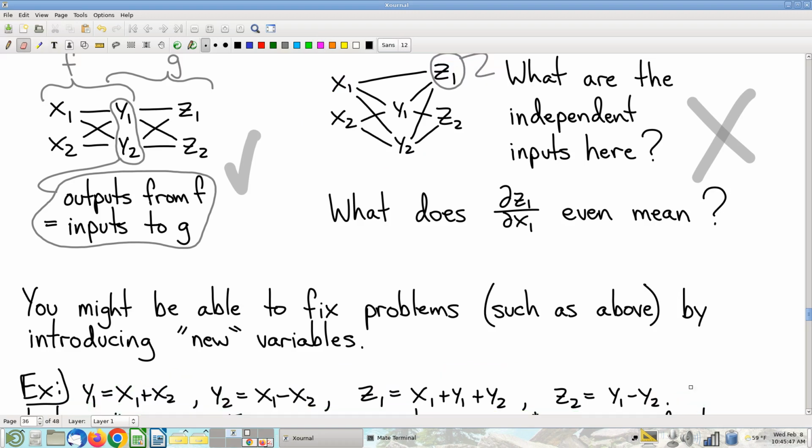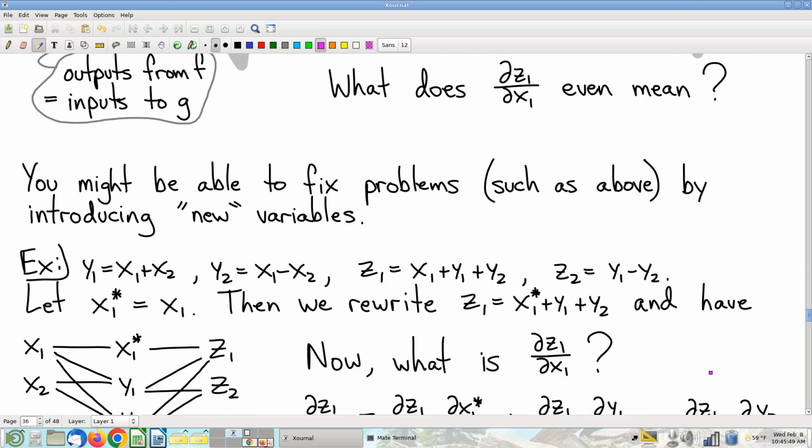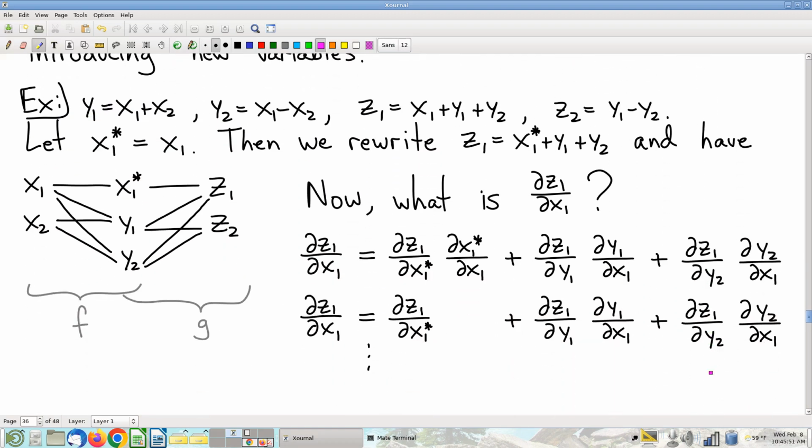So here's the way we fix it. The fix is pretty straightforward. Just recognize that I can't have this be a function of that and these. So I'm just going to make a new variable, x1 star. It's just x1. The formula for x1 star is that it is x1.